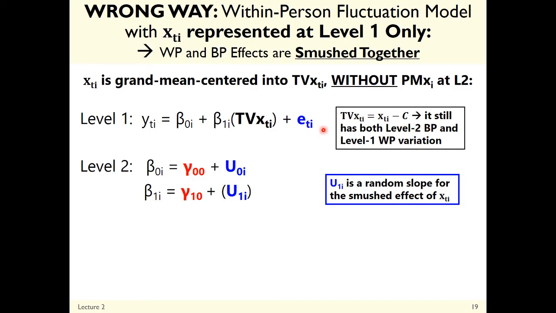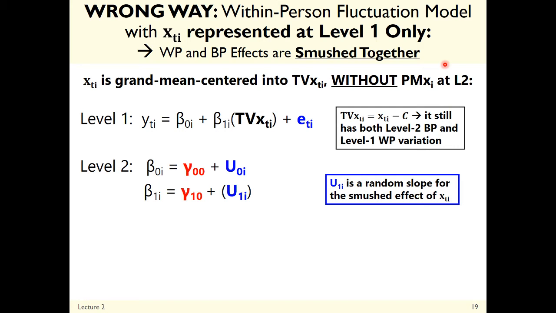So here's what not to do. This is the number 1 multilevel modeling thing done wrong. This is smushing. This is time varying X that has both level 1 and level 2 variation in it.